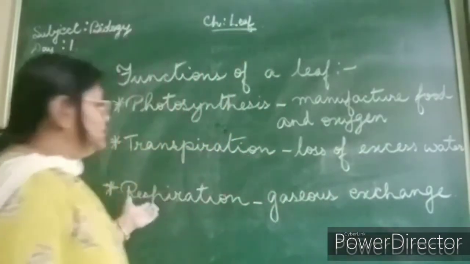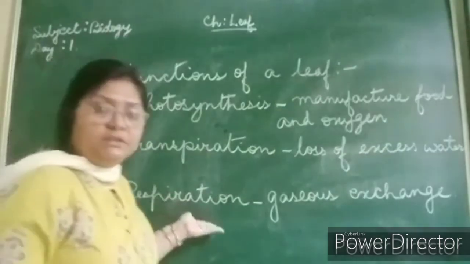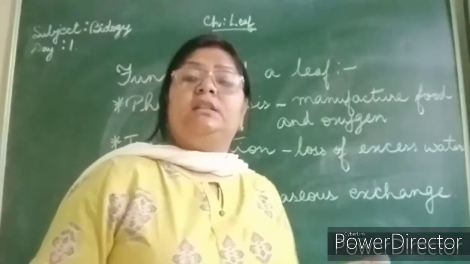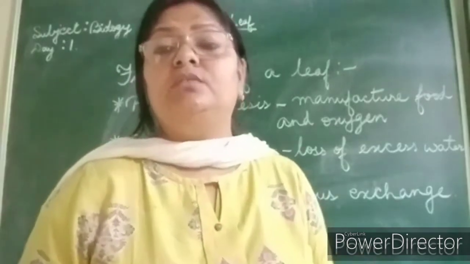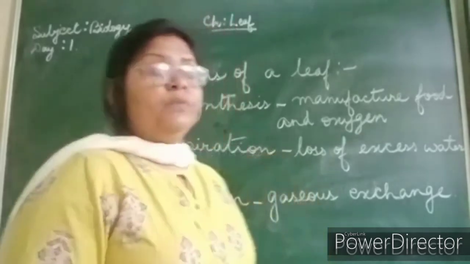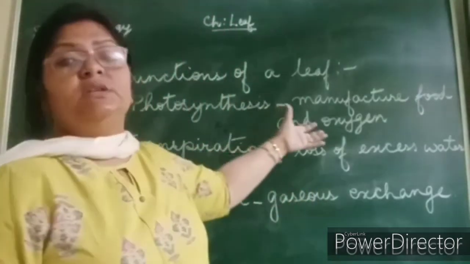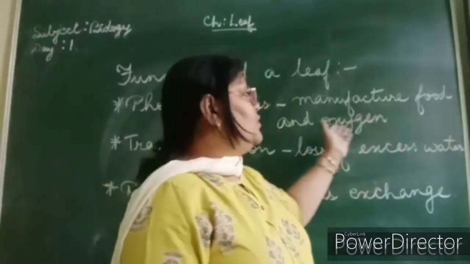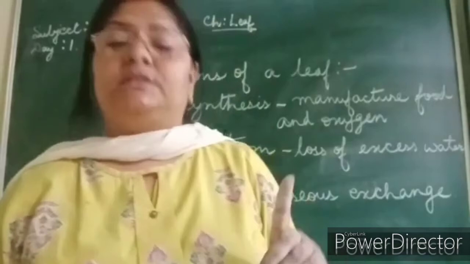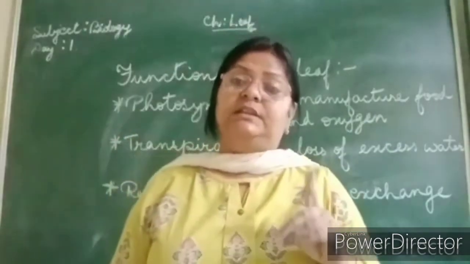Now the next is respiration. As we respire, the plants also respire. They use oxygen and give out carbon dioxide to produce energy. In photosynthesis, not only is food manufactured, oxygen is also manufactured, but it happens only in the presence of sunlight in the daytime.